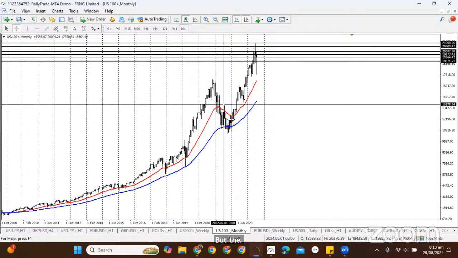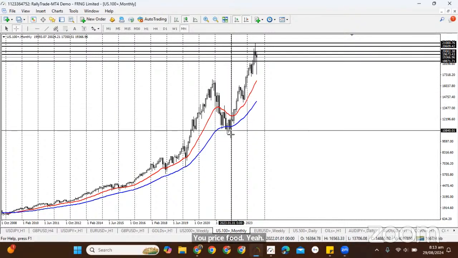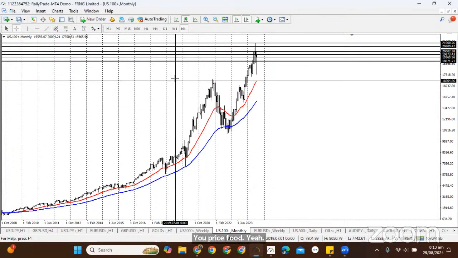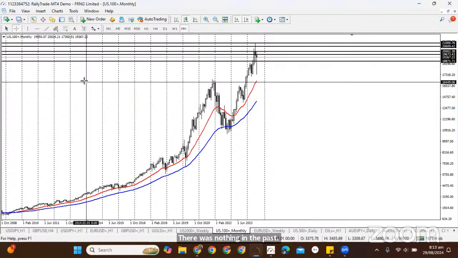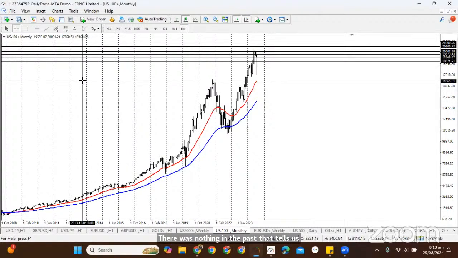price sold. Now, before price sold, if you notice, there was nothing in the past that tells us that this was a resistance, right? One thing we need to understand is that each instrument has the way it moves.